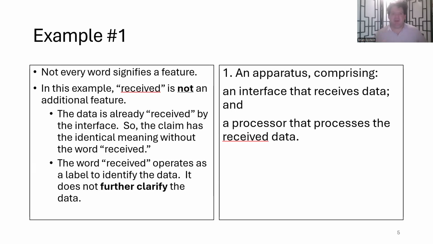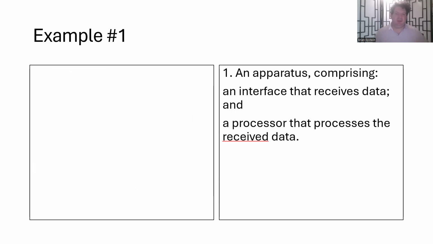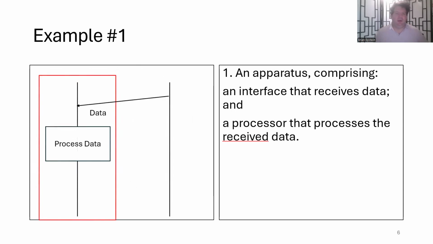It's the same data it was without the word received. And if we're thinking about what this means in our head, maybe we're thinking like this, right? The apparatus is in red, an interface receives data, and then we somehow process data within the apparatus with the processor. Okay, no surprises, very straightforward.